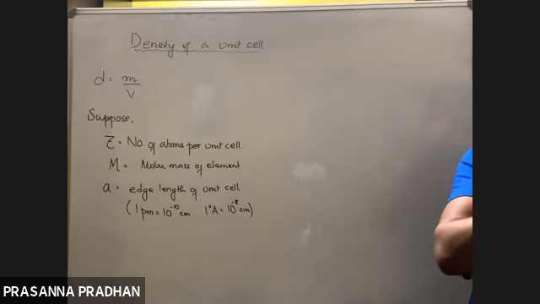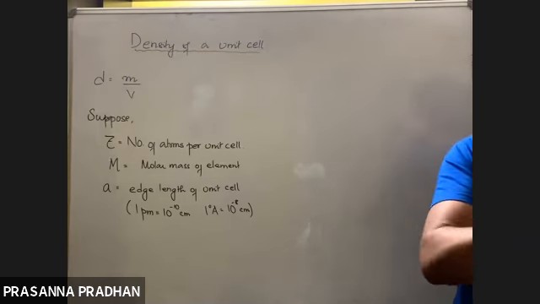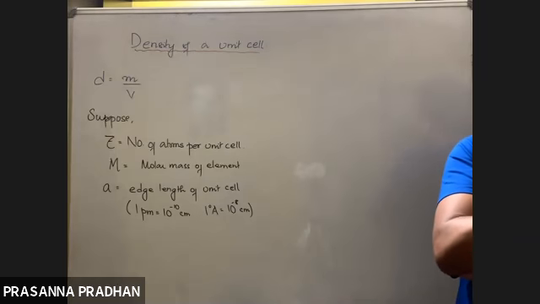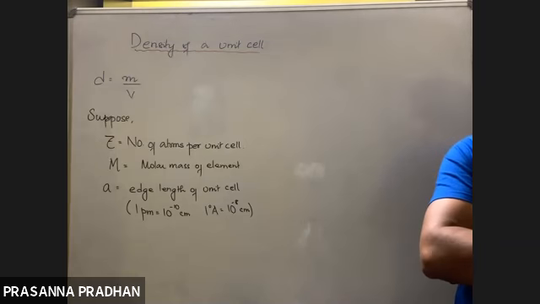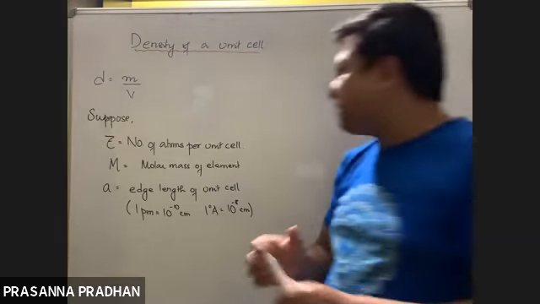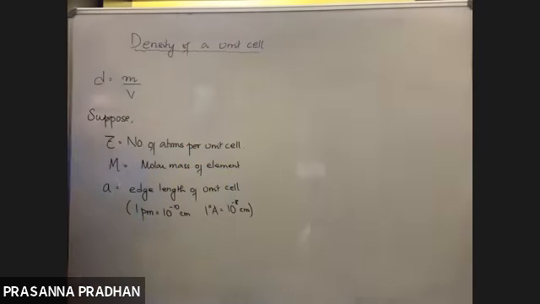What is the concept of atomic mass? We have discussed it in solutions. As per the mole concept, atomic mass is the mass of one mole of an element. And one mole contains how many particles? Avogadro number. So atomic mass is actually the mass of Avogadro number of particles.